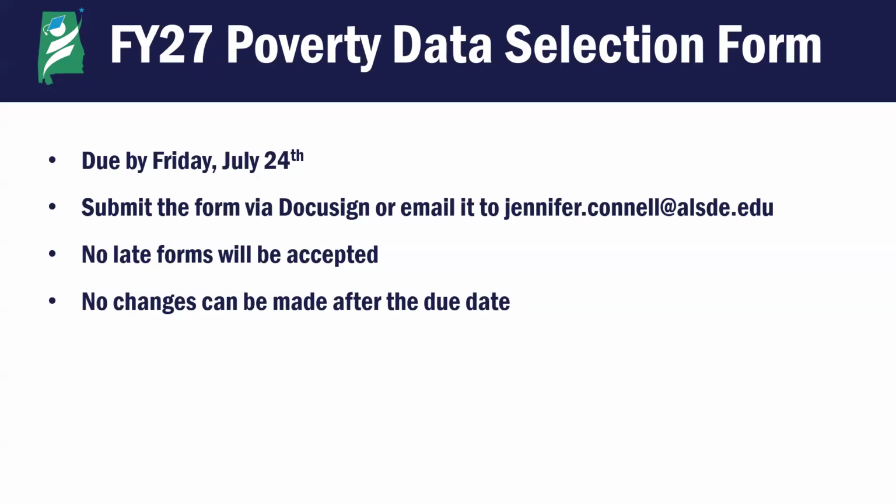It impacts the amount of money that is allocated out to the schools through your per pupil allocation. And you need to start working in your application, and if you change your poverty data, that messes up everything that you've already done in your planning. So we cannot accept any late forms and we cannot make any changes after the July 24th date.